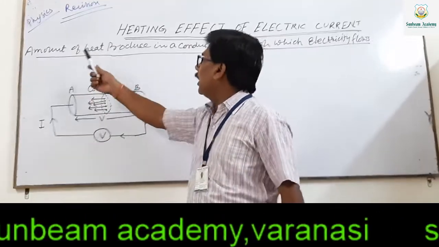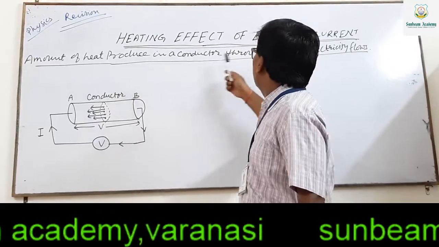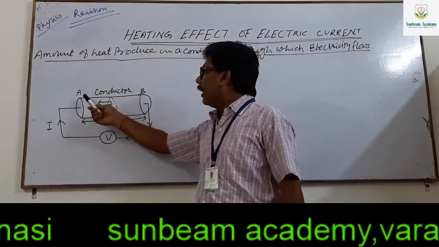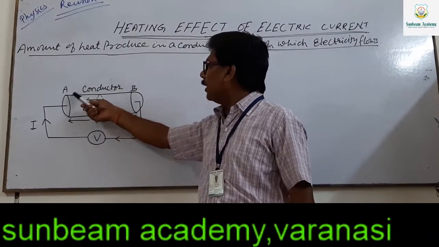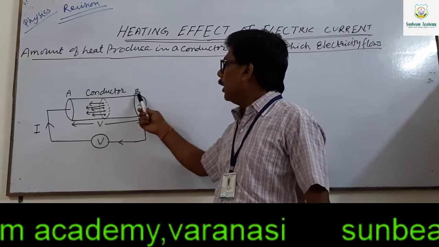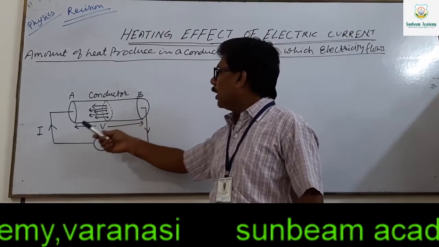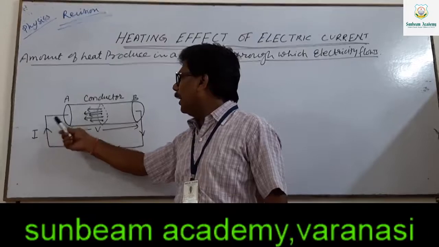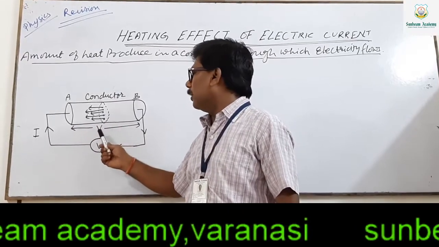Here we are considering a conductor AB across which potential difference V is applied and current I is flowing through the conductor.